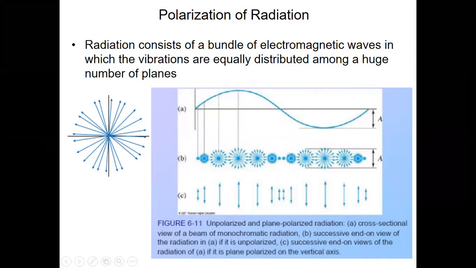Polarization can also be used in certain situations in fluorescence. This polarization is possible in some fluorescence spectrophotometers. These polarizers are available, and we call it fluorescence anisotropy.